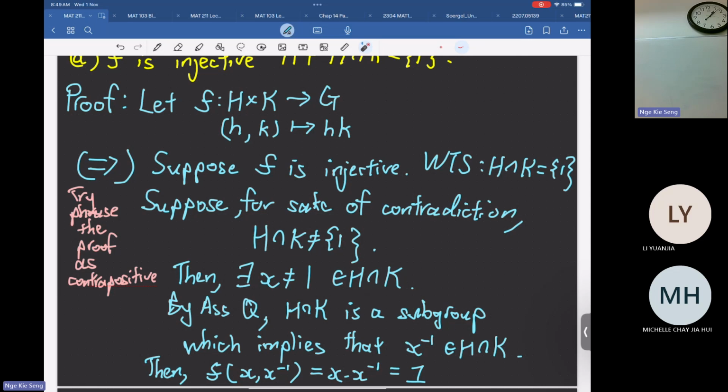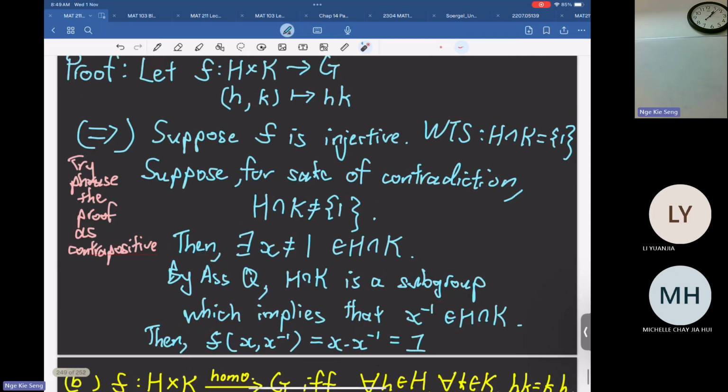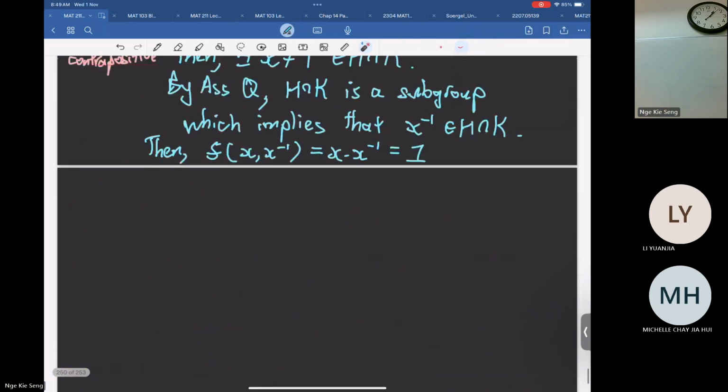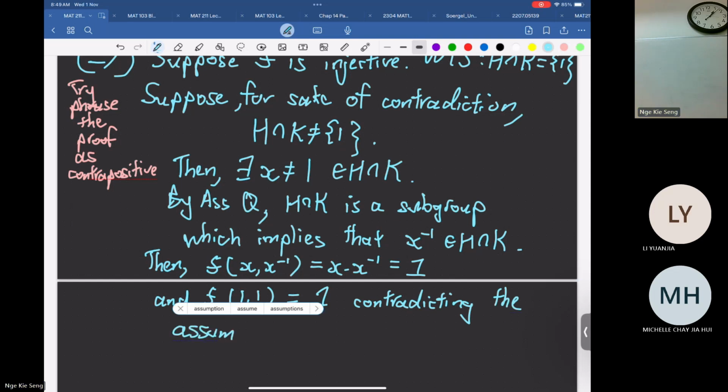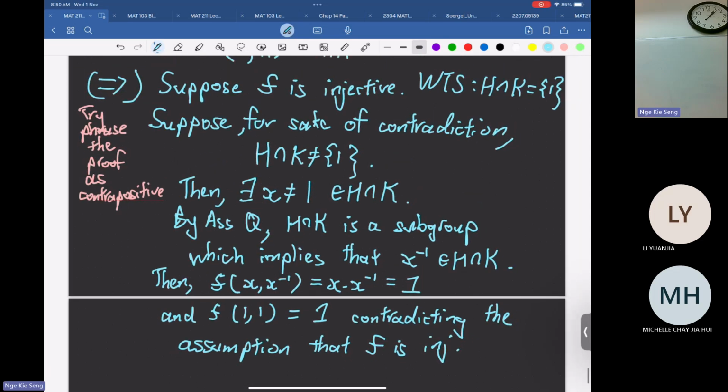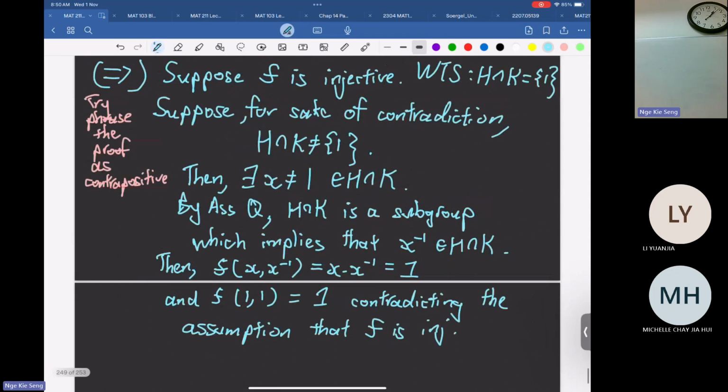Two different elements go to the same element, meaning f is not injective, contradicting the assumption that f is injective. Okay. Feel free to stop me if you have any questions.